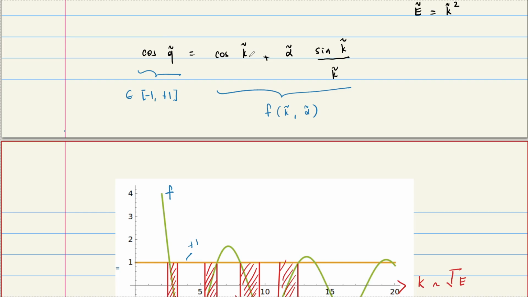That's the problem. But for given q, finding k is difficult. It is a complicated nonlinear equation. It can be done, but there's a simpler way. We can solve this equation for given k and find q. It's the same thing, but the second one is much easier. And how do I know this? I can just invert this.